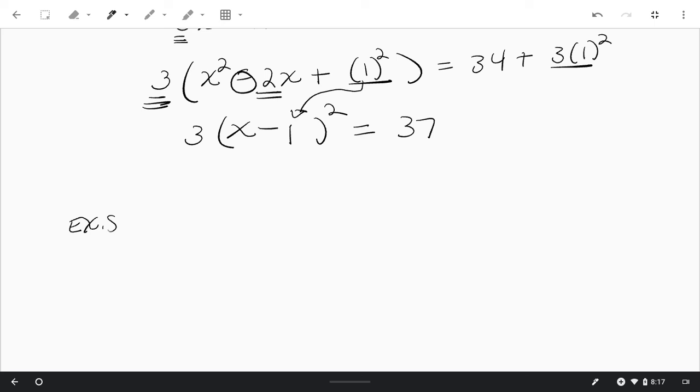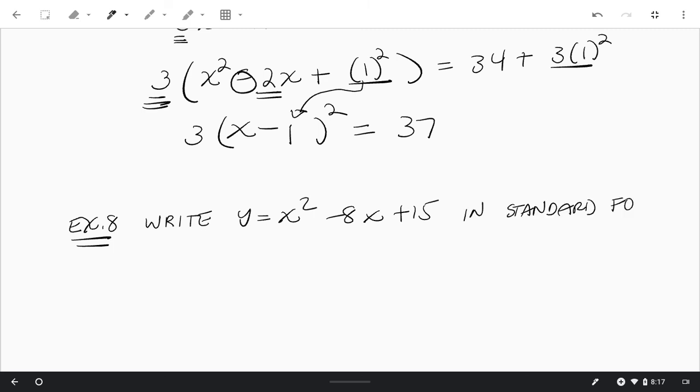So this last example, let's take this quadratic equation and let's write y equals x squared minus 8x plus 15 in standard form. Okay, so here, I'm going to go ahead and write it down.